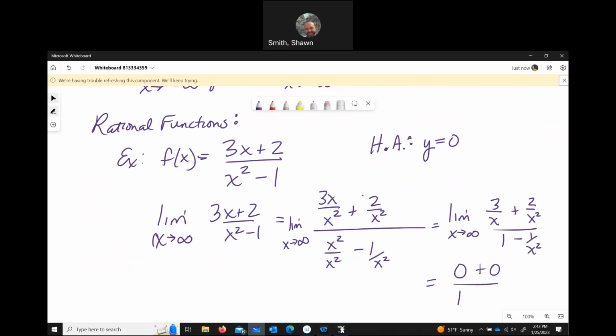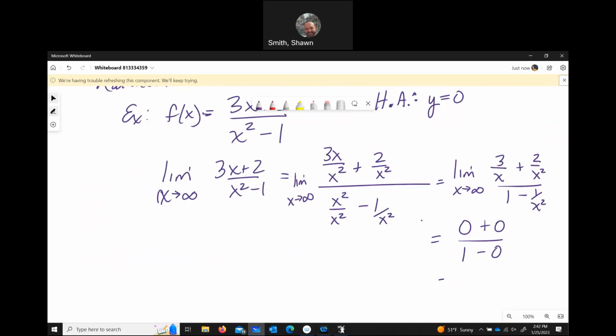Limit of a constant is always constant. And 1 divided by a big number is 0 again. So that gives you 0 over 1, which is 0. So that's the algebraic way to show what is happening way out on the ends. Okay, and I can do the same thing for negative infinity, and you get 0 as well.